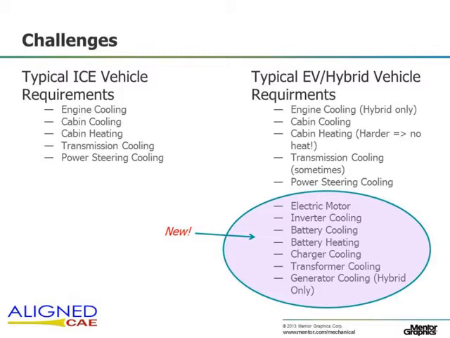And for hybrids, we have generators that often require cooling as well. So as you can see by this slide, on the left-hand side, we have a few components, and the techniques that have been used to simulate these have been pretty much working for the last few years. We can still use similar techniques, however, we've just added a whole bunch more components that we need to take care of.